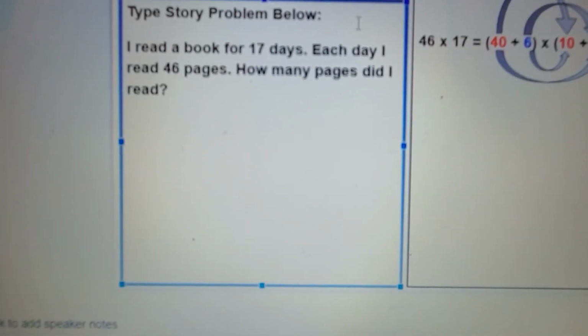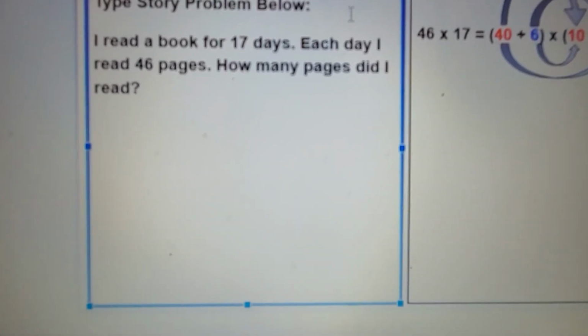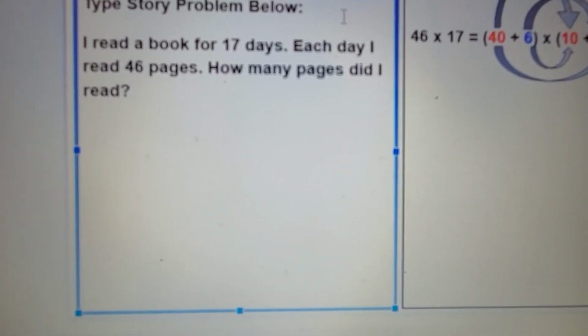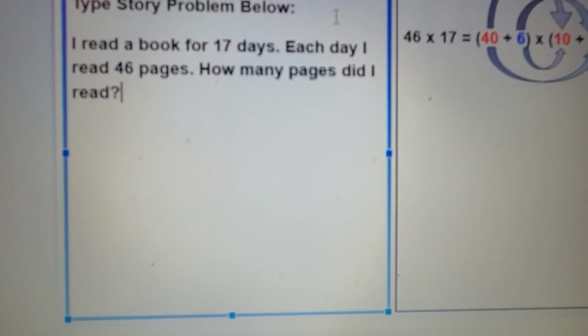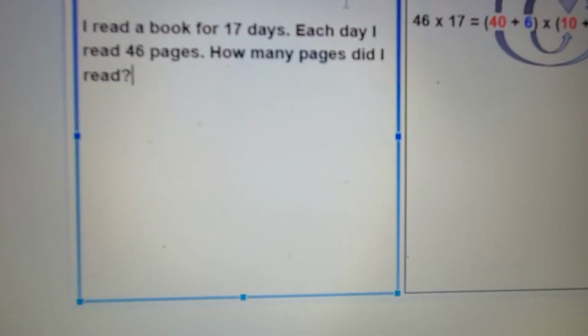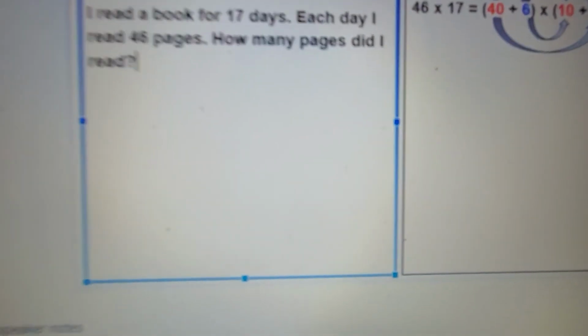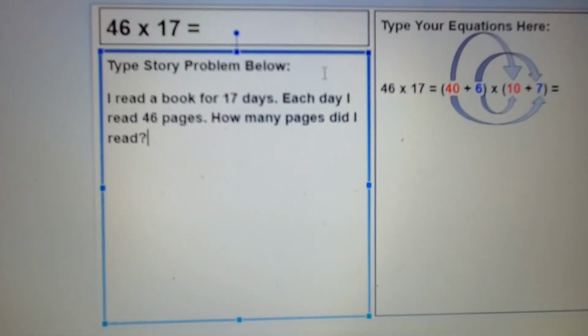Always end with a question. So let's read it again. I read a book for 17 days. That's my number of groups. 17 groups, 17 days. Each day I read 46 pages. Now the pages go into the days. I read 46 pages on Monday, Tuesday, 17 times, 17 days. How many pages did I read? All right, there's my story problem.